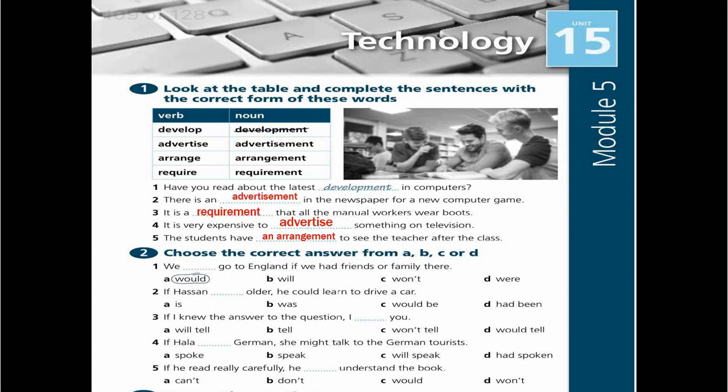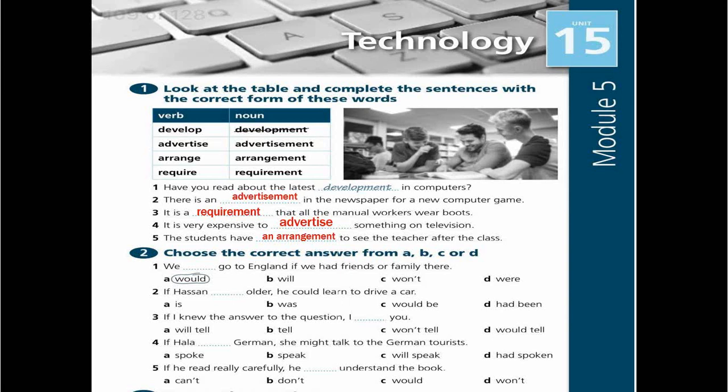Choose the correct answer from A, B, C, or D. And number 1, we would go to England if we had friends or family there. Number 2, if Hassan spaced older, he could learn to drive a car. Now let's try to understand it. We have something missing in if clause, and we have the result clause complete here.